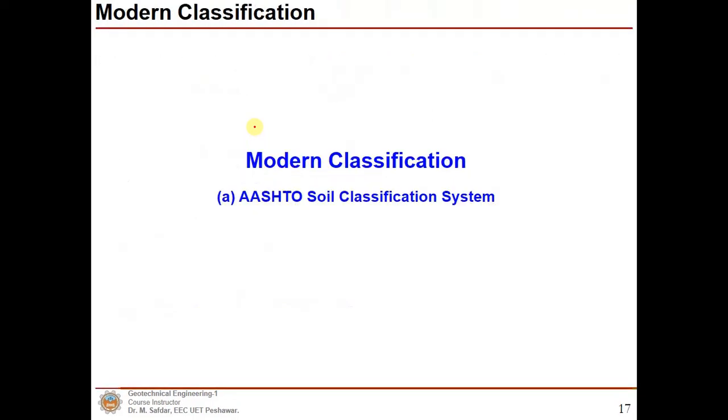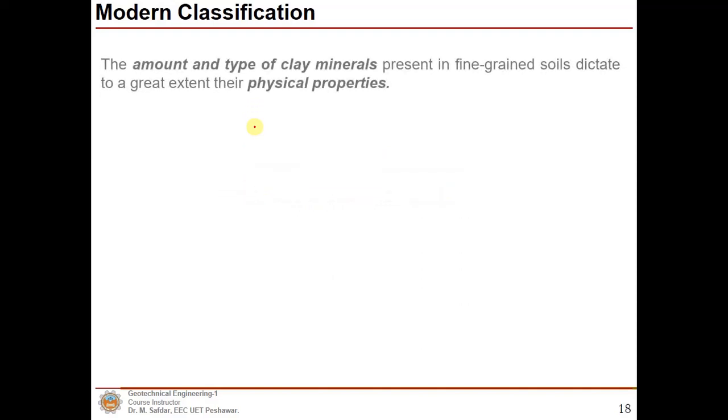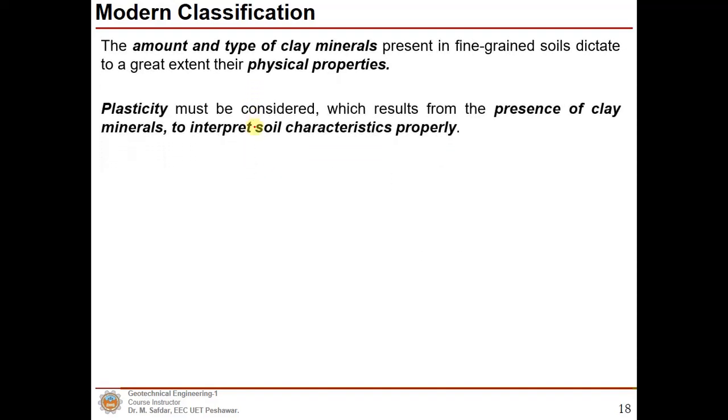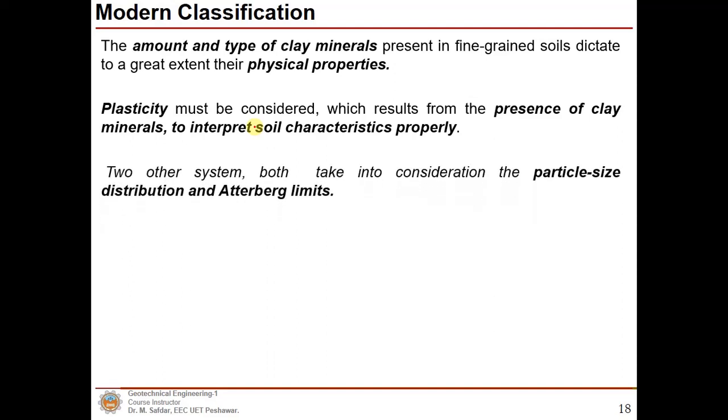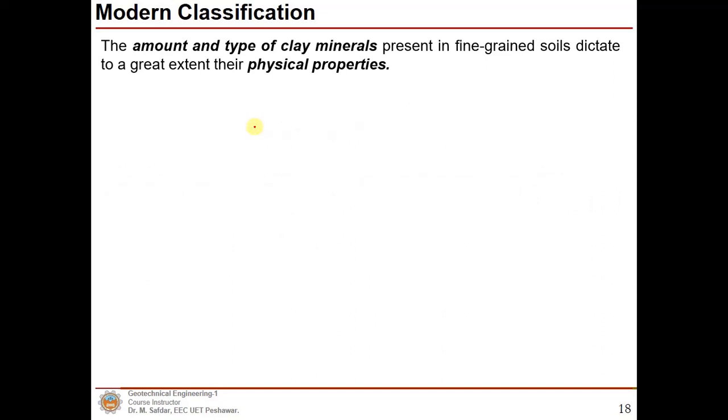However, in our introductory lecture, we also touched on the modern classification systems, and one of the systems is the AASHTO soil classification system. The basis for the AASHTO soil classification system is that the amount and type of clay minerals present in fine-grained soils dictate to a great extent their physical properties.